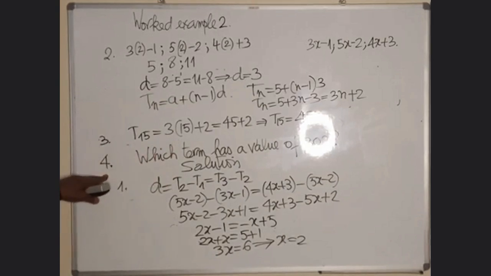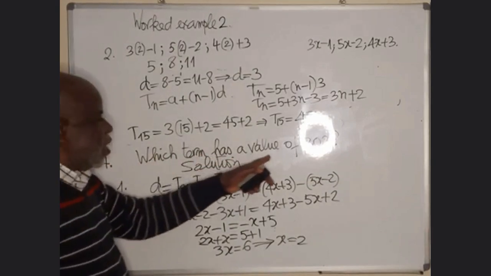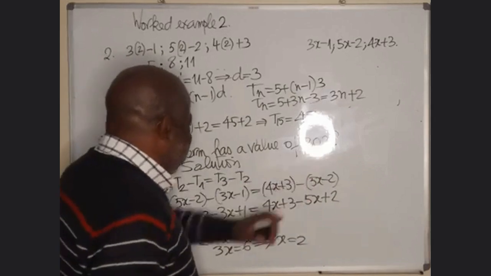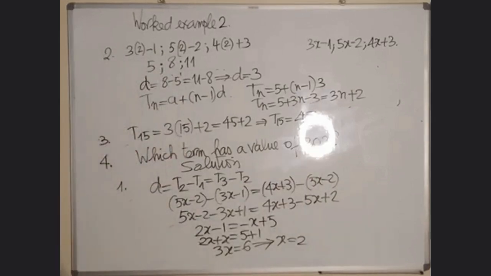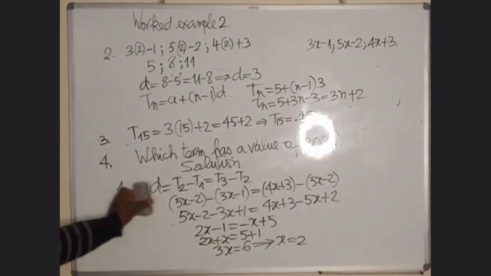Now we're going to the last question, practically for this second worked example. Which term has a value of 302? So I think we need some space here. We're going to clean the board down here.